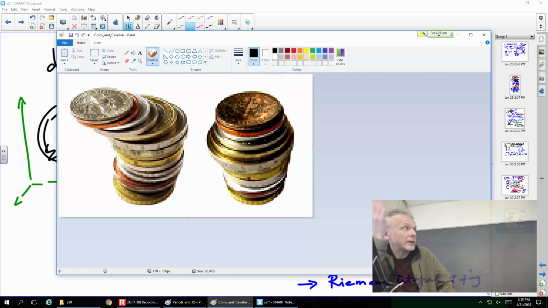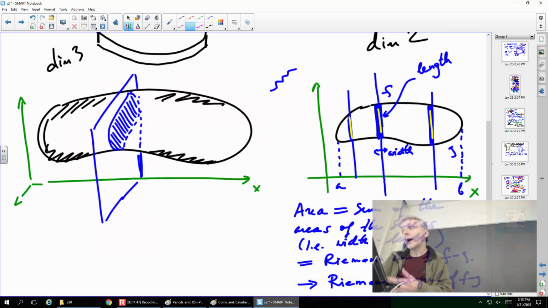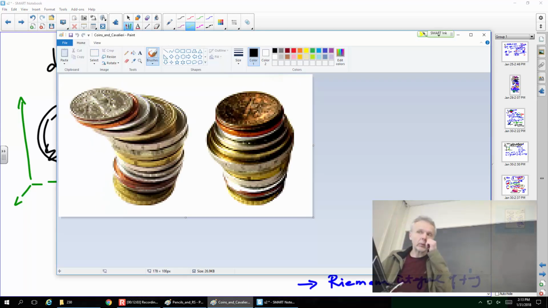But they will add up to the same volume because these are the same coins. So the idea that we had on the left, made of pencils, made an area covered by pencils. No matter how you arrange those pencils, as long as you move them just up and down, the area will be the same. Similarly, here, if I move those coins side to side, what's going to happen? Nothing. The volume won't change, and why? Because the cross-sectional area doesn't change.